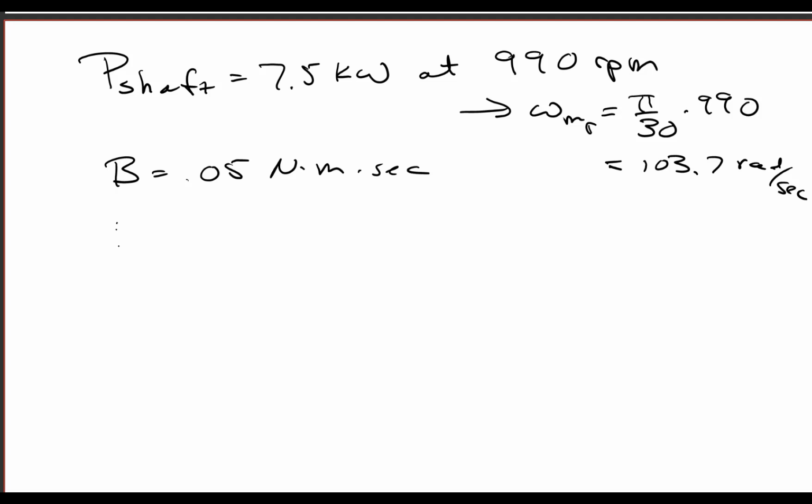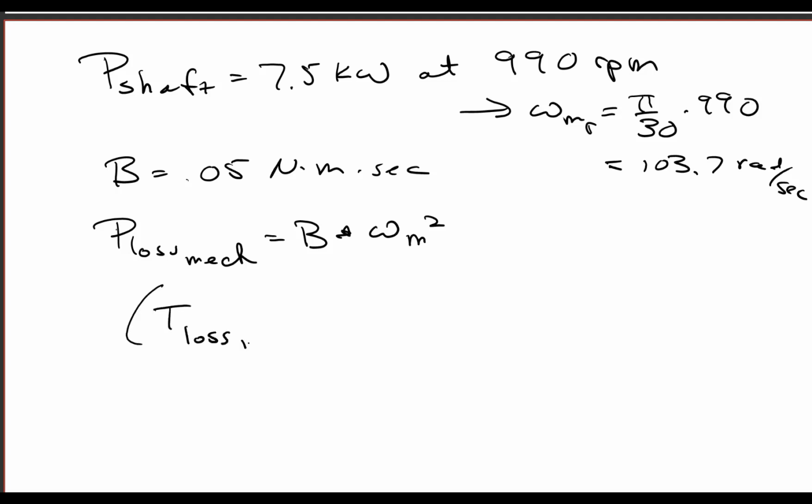The mechanical loss of the shaft is B times omega M squared, because T loss mechanical is B times omega M, and power is torque times speed.